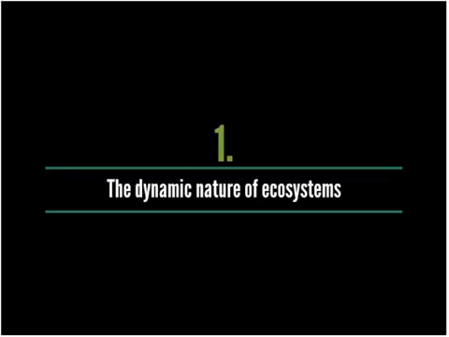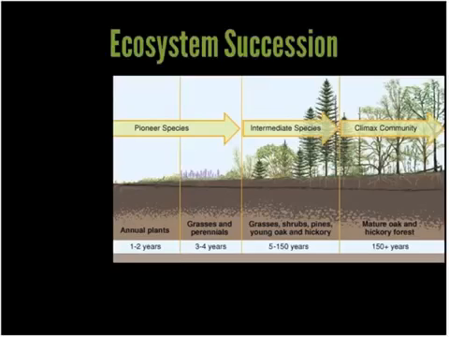So first I'm going to talk about just how dynamic ecosystems are. Originally, when ecologists were studying how ecosystems succeeded over time, it was a pretty simplistic viewpoint. They looked at, first you'll have annual plants moving into a barren area, followed by grasses and then more shrubby plants until you get to what they call a climax community, or a large, mature, deciduous or hardwood forest.